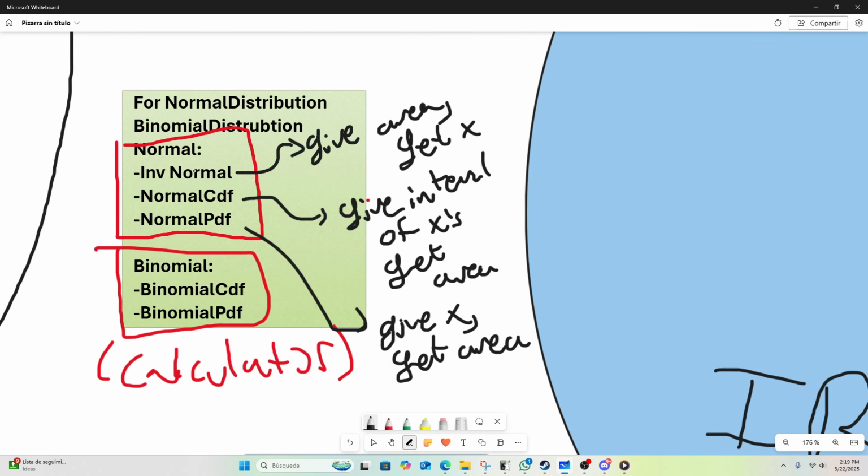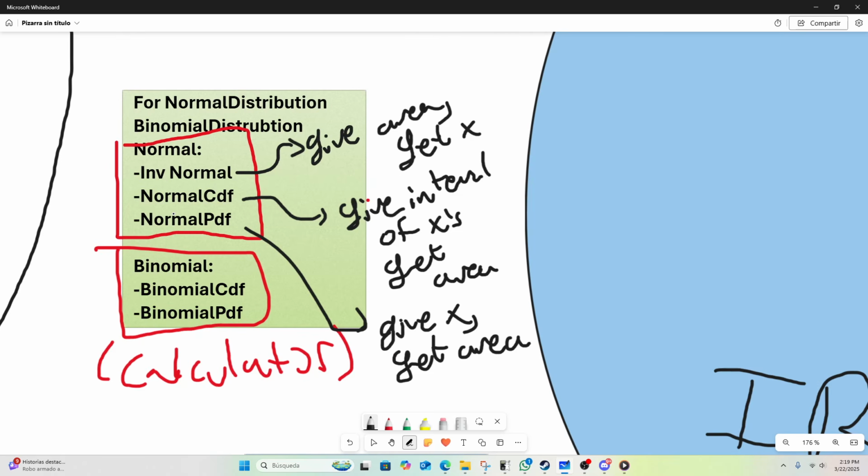So inverse normal is something like, the top 30% of my distribution is whatever. Let's say you're talking about the weight of babies, and you want to discover what weight the top 30% of babies have. You use inverse normal.